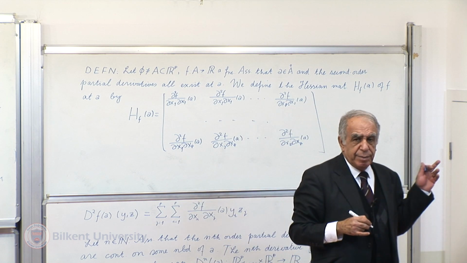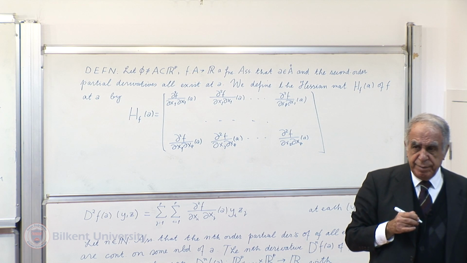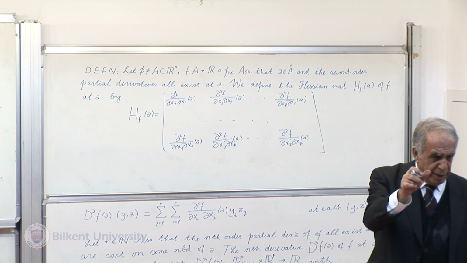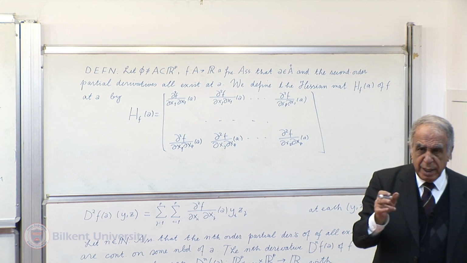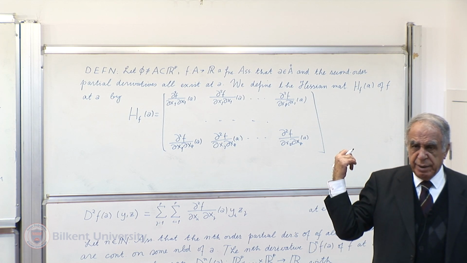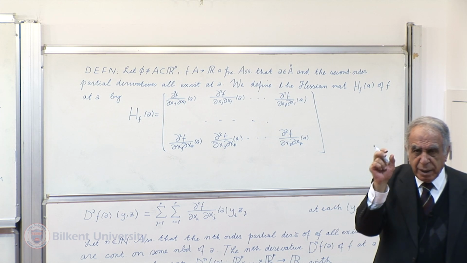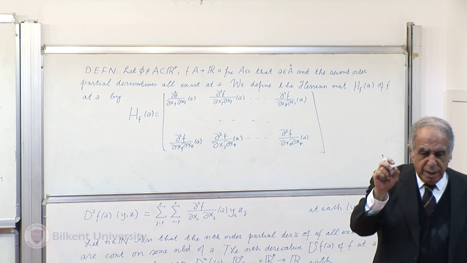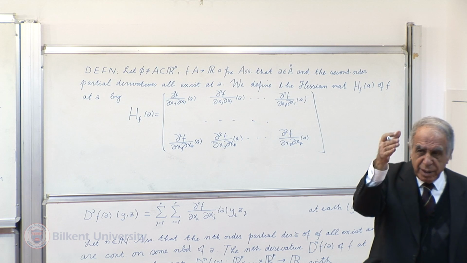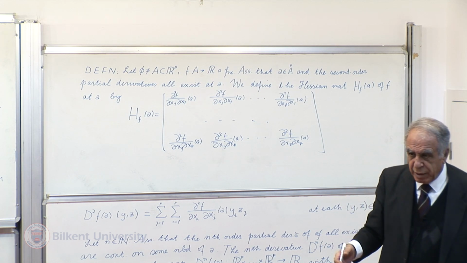In fact, if you start with the function f, take its gradient, I guess that was defined in the homework you had last time, this is the Jacobian of the gradient. The coordinate functions of the gradient are: the first coordinate function is the partial derivative with respect to x1, the second with respect to x2.